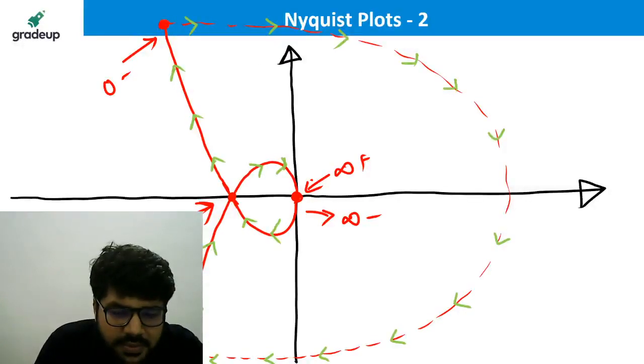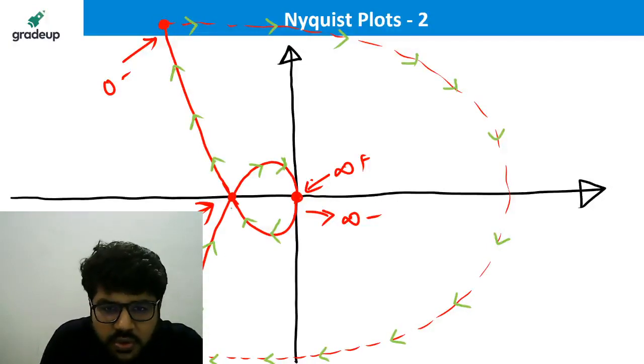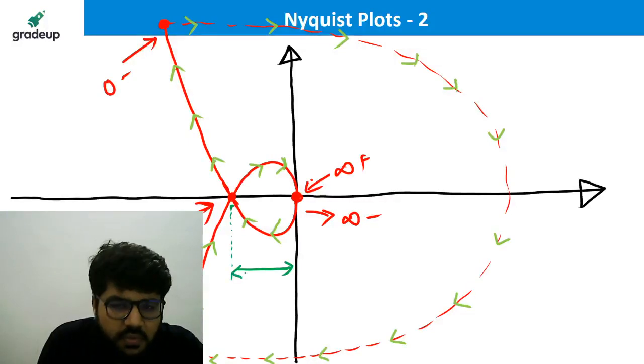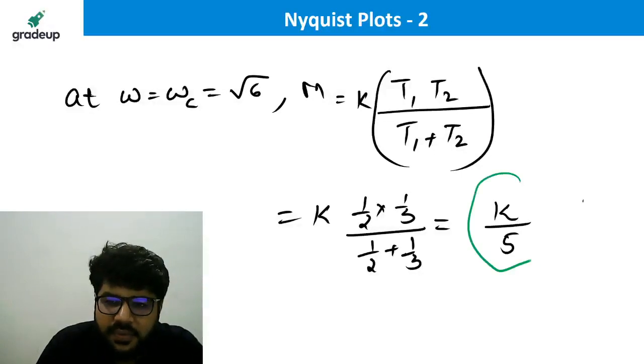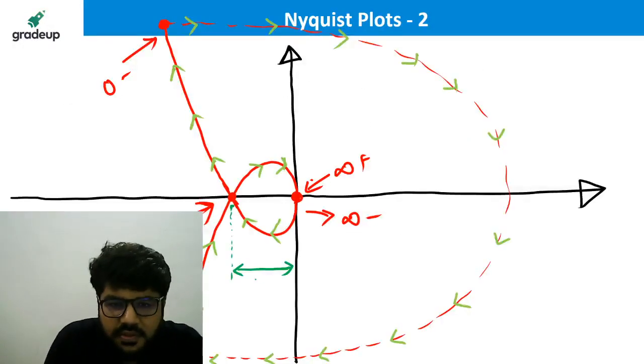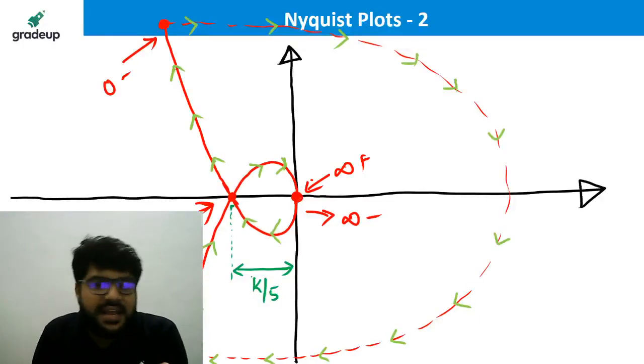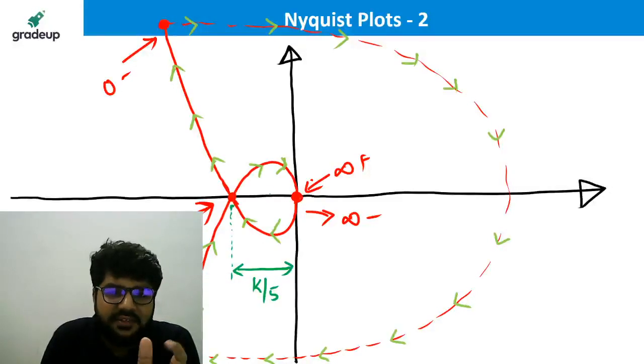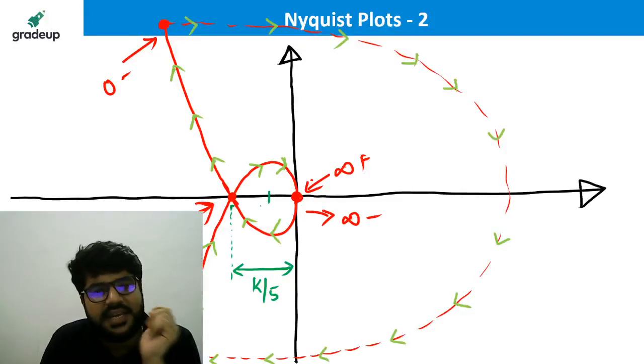To write down minus 1 comma 0, first I have to show you what this magnitude is. This is the critical frequency, and the magnitude at the critical frequency is k by 5. If k is, suppose, 10, then 10 by 5 is 2, and 2 is greater than 1, so minus 1 comma 0 can be inside.